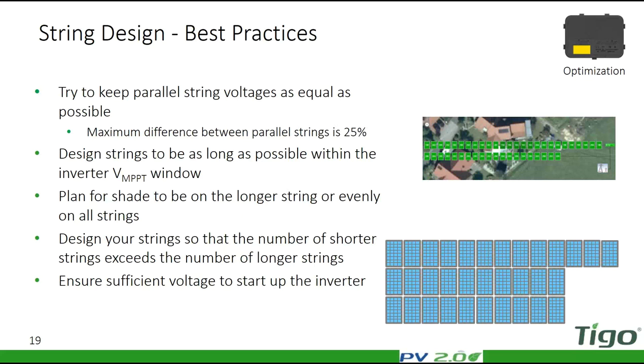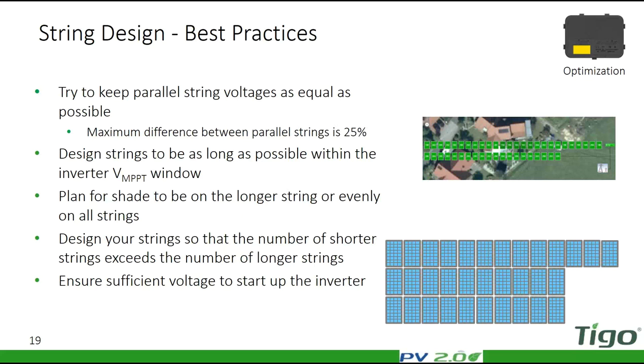That'll be perfectly fine to put them all in the same combiner box and go to the same MPPT channel in the inverter, if you're using bigger ones that do need parallel strings. So yes, we can do all these things.